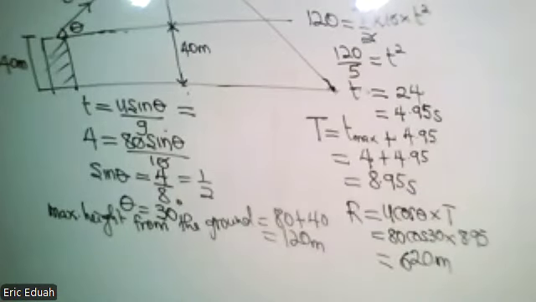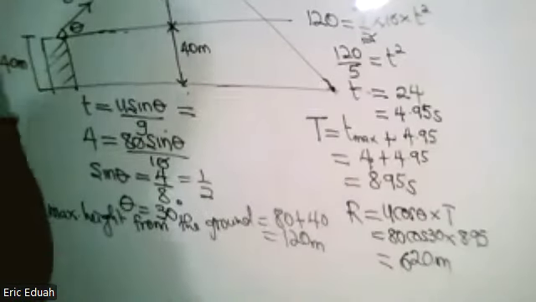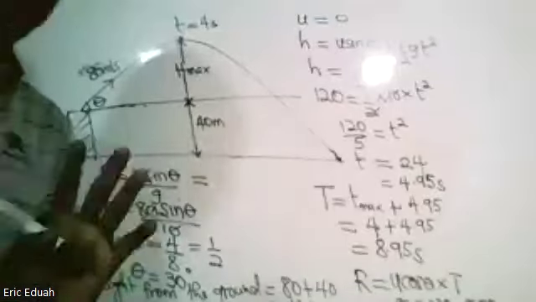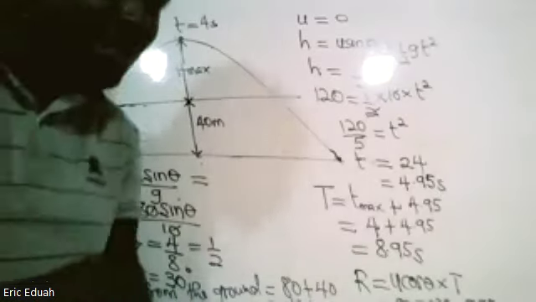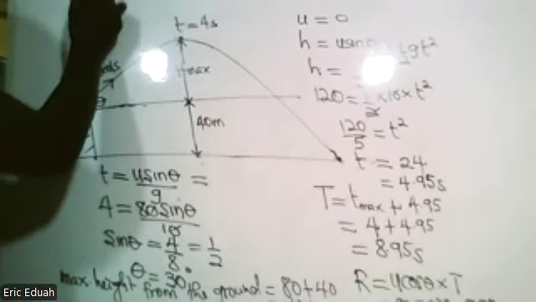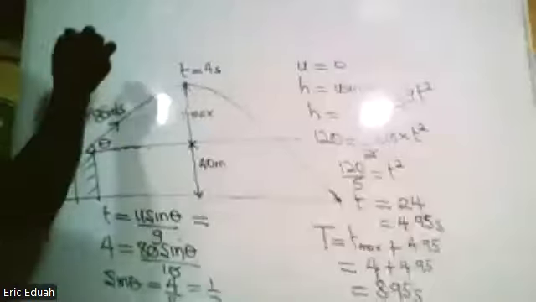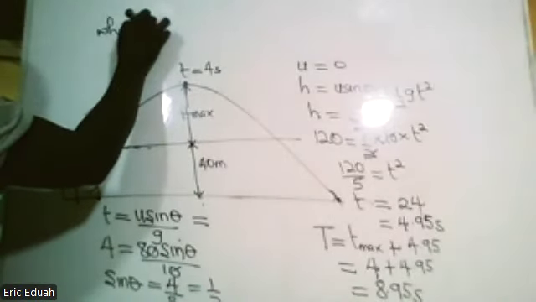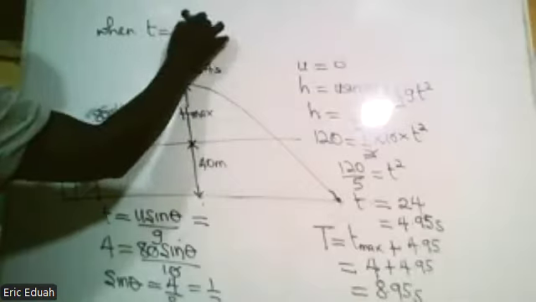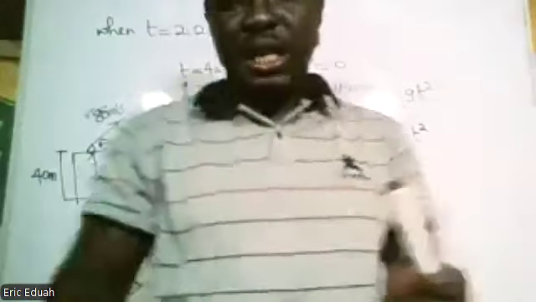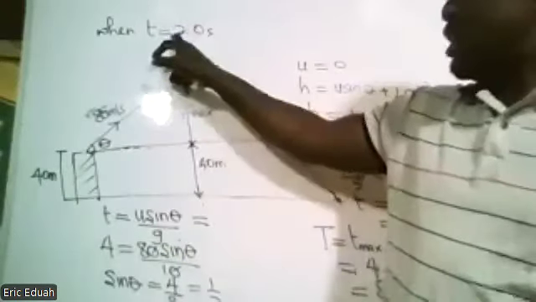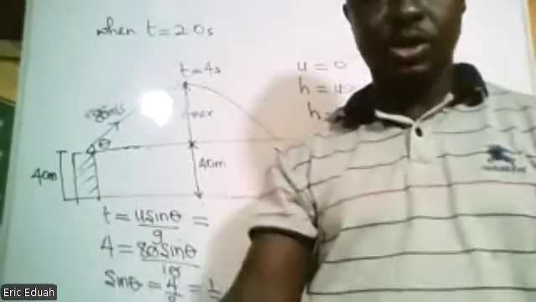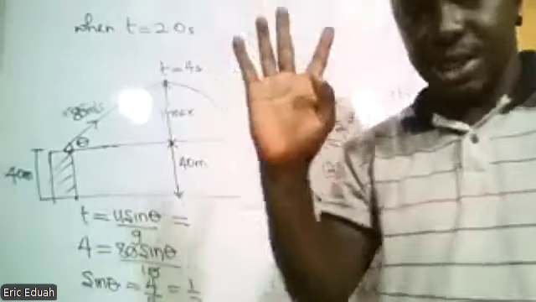Then the velocity of the projectile when time is 2.0 seconds. When t is equal to 2.0 seconds, the question I have for the class is this: at t equal to 2.0 seconds, what is the location of the body?